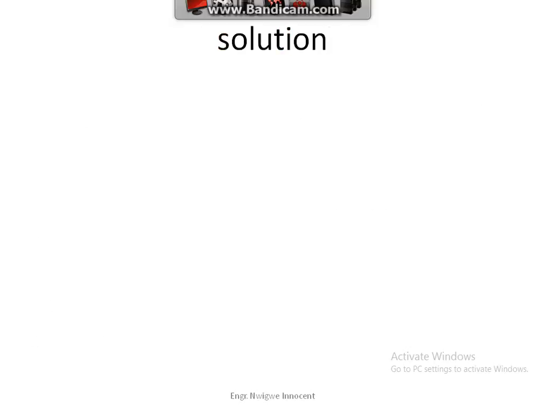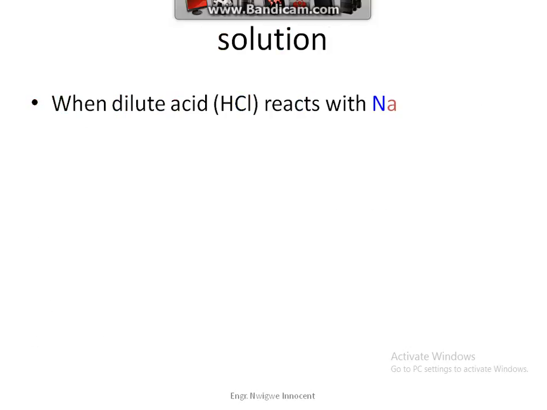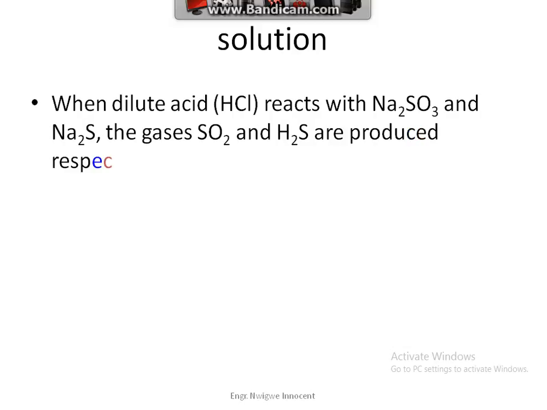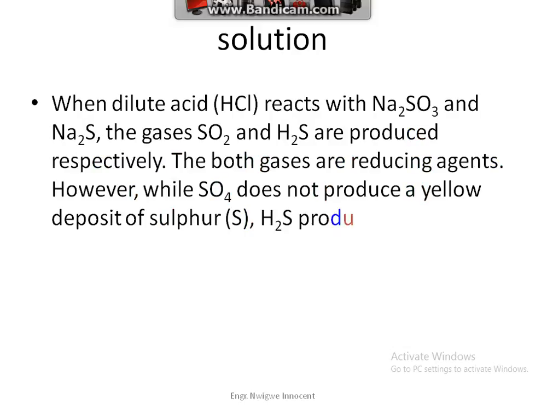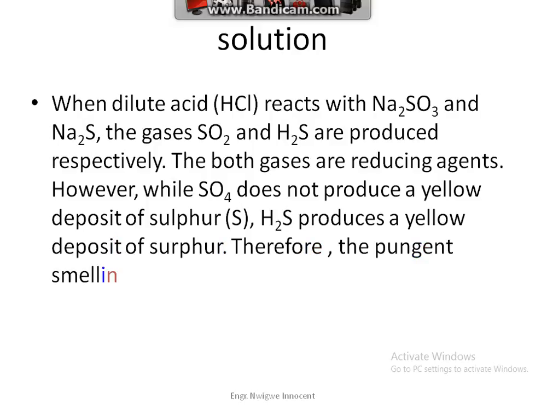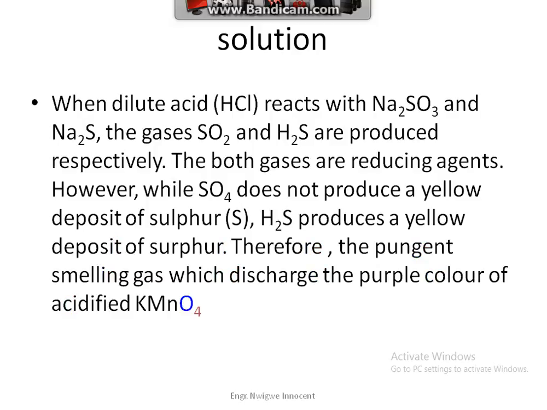Solution. When dilute acid HCl reacts with Na2SO3 and Na2S, the gases SO2 and H2S are produced, respectively. Both gases are reducing agents. However, while SO2 does not produce a yellow deposit of sulfur, H2S produces a yellow deposit of sulfur.